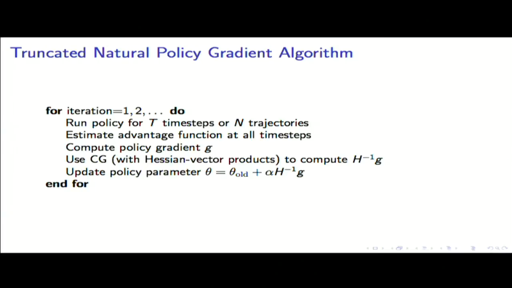It's called natural policy gradient for reasons I'll describe in a few slides. But the point is, with normal policy gradient, you just update by adding alpha times G. Here we're using this matrix H to compute the step direction, so we're doing H inverse G instead of G. So it's like a second order optimization method instead of a first order one, because we're computing something like a Newton step instead of a gradient step. However, we're not actually using the Hessian of our objective.